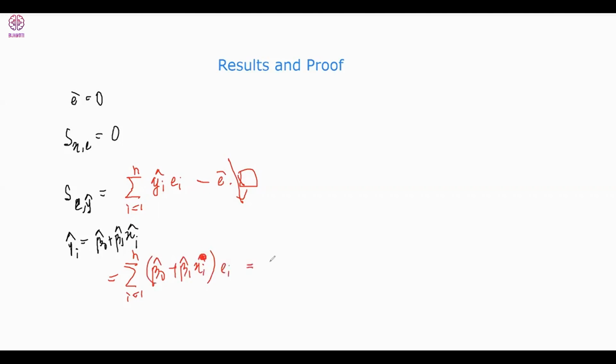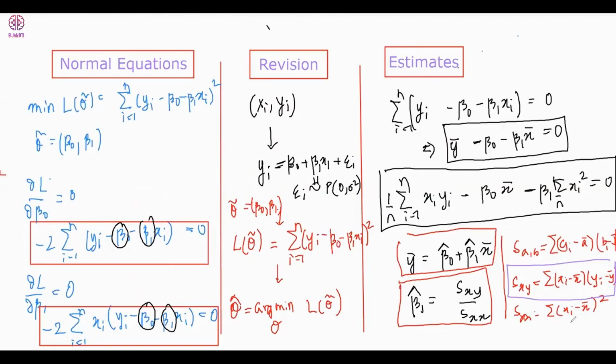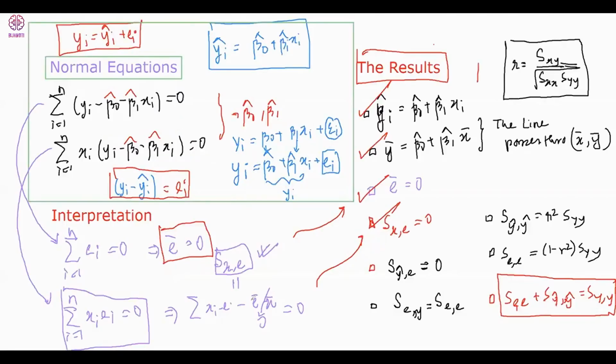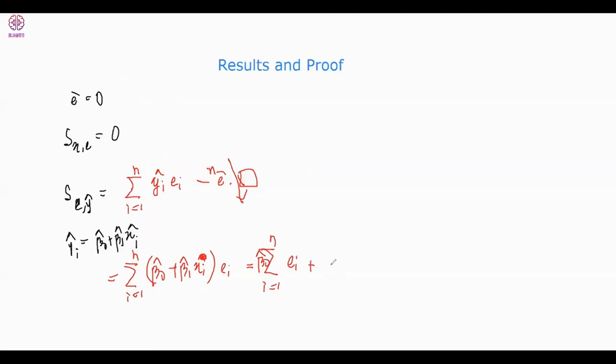If you sum it up, it's beta naught hat, which is constant, times the summation of ei, which is n times e bar. Every time I make that mistake, it will be n times e bar here also. Plus beta 1 hat, also constant, times the summation of xi ei from 1 to n.